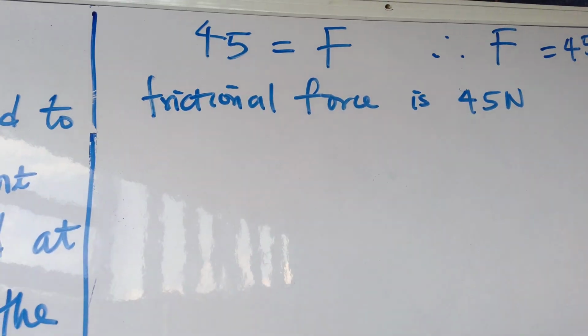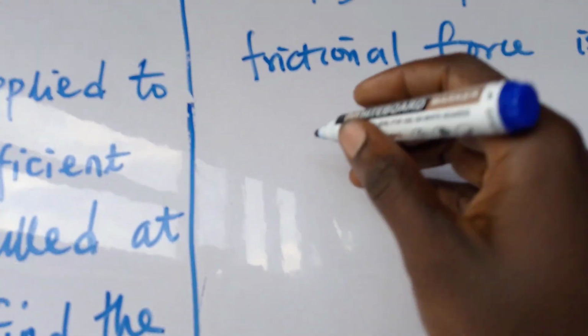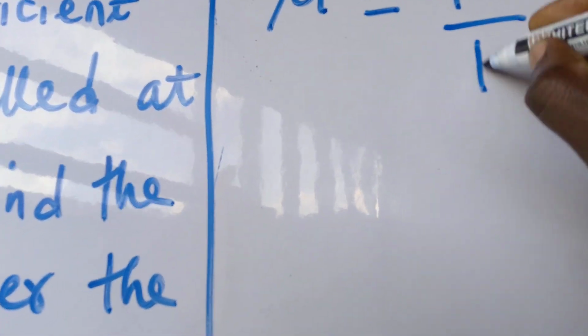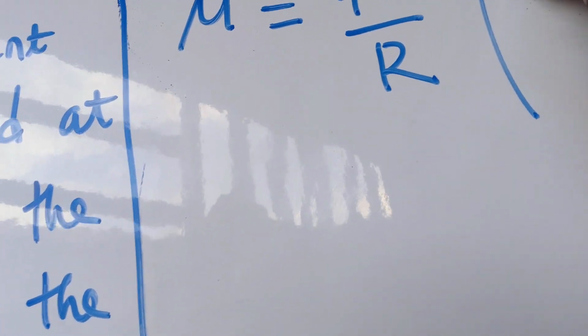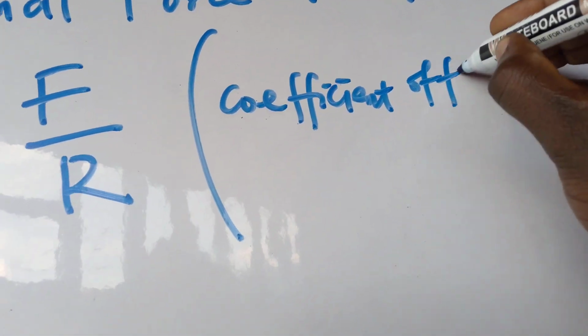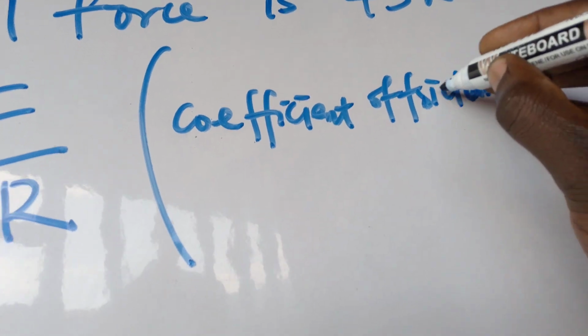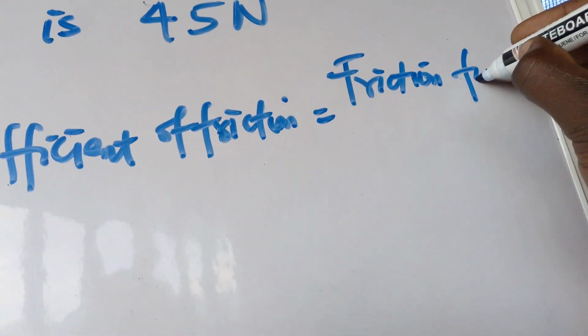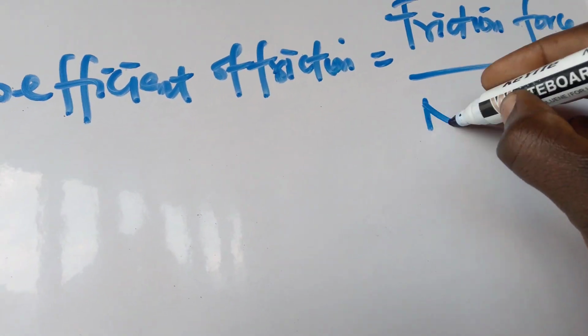Having gotten the frictional force as 45 Newton, I can go back to the formula for the coefficient of friction. The coefficient of friction mu is equal to the friction force over the normal reaction.